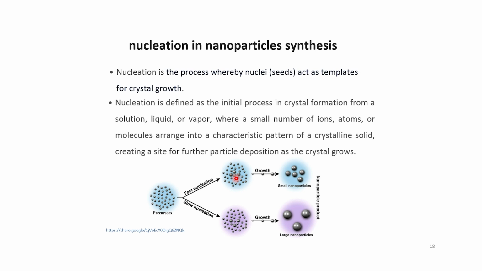These will act as templates, and upon these, atoms and ions will grow and your nanoparticles will be formed. And when it is fast nucleation, small nanoparticles will be formed, and upon slow nucleation growth will happen and large nanoparticles will be formed.